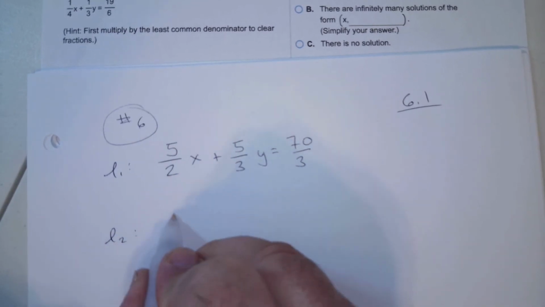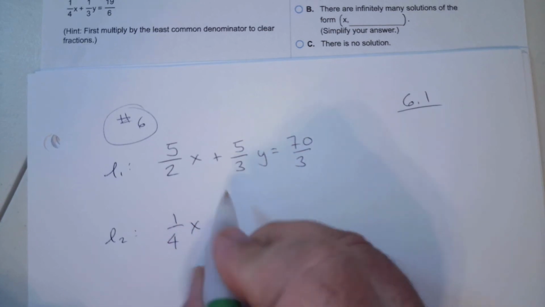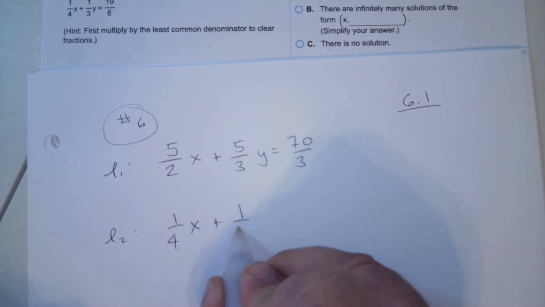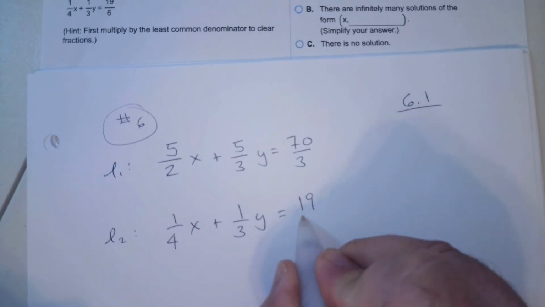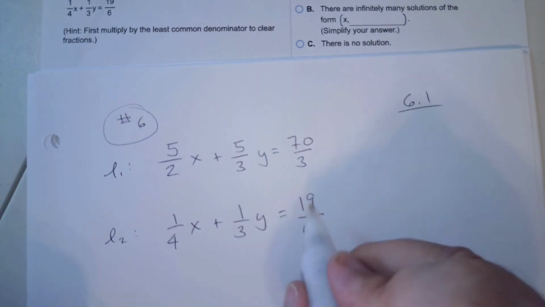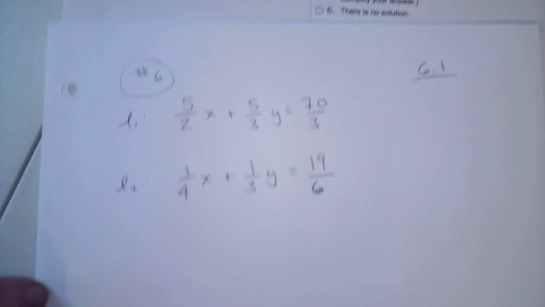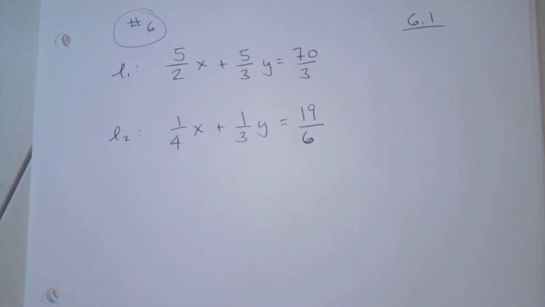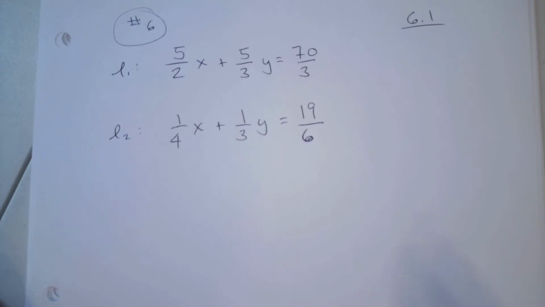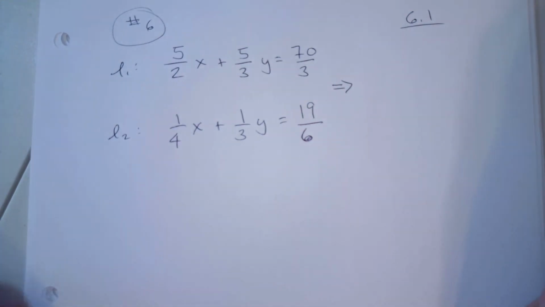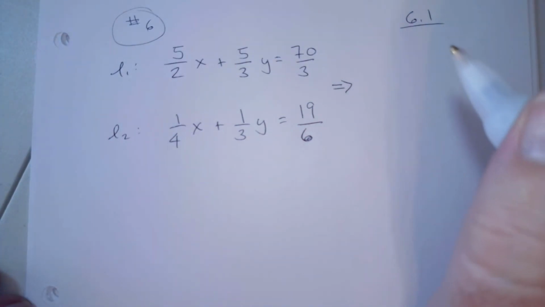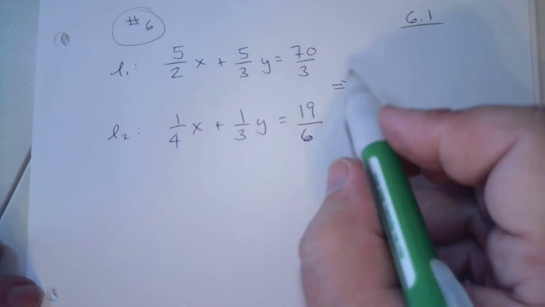Line 2 is 1 over 4x plus 1 over 3y equals 19 over 6. Not much different here than the stuff we've been doing all along. We have fractions and equals. So what we have to do with these is get rid of the denominators. We have to rewrite the equations.